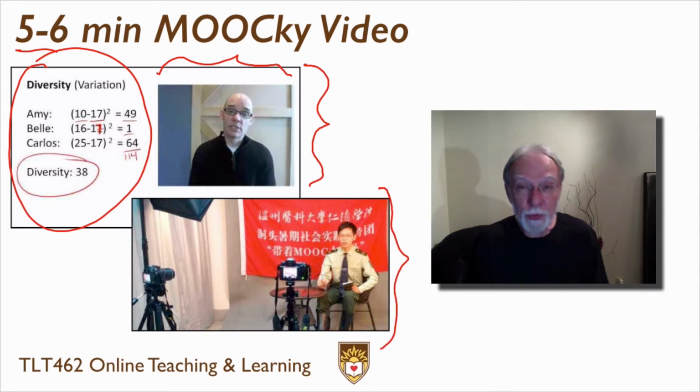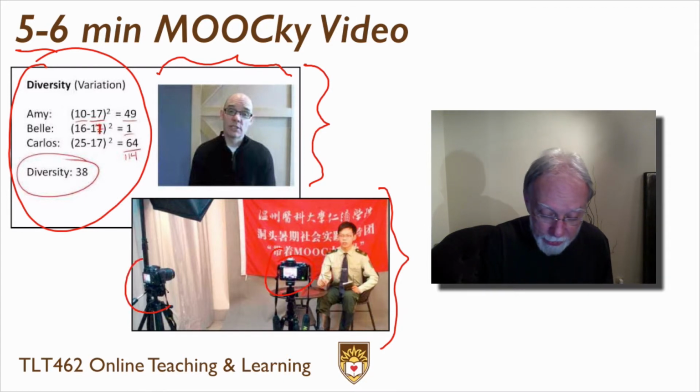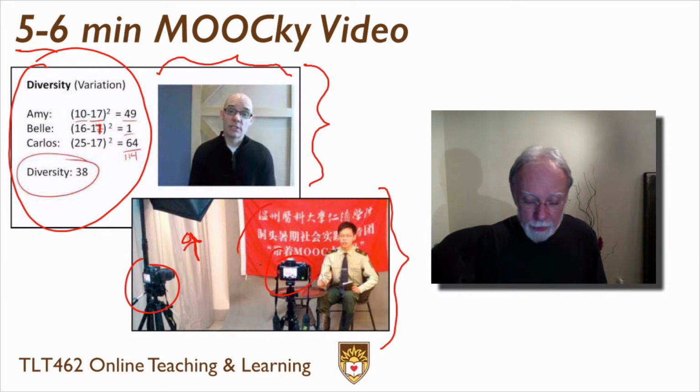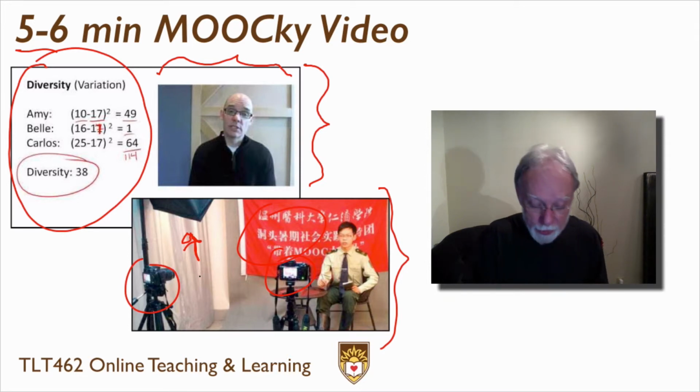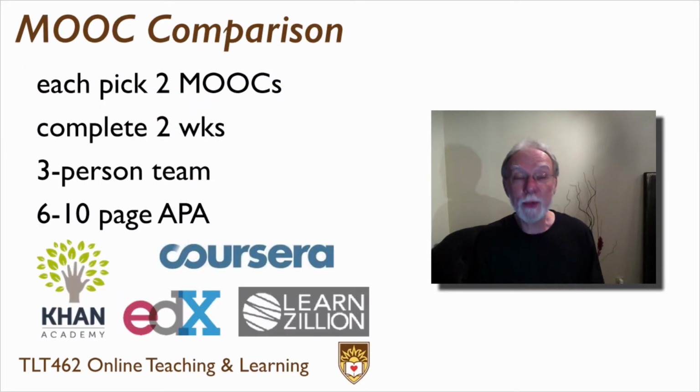So you will learn how to create a Mookie video. It can be a complicated setup, like here's a Chinese MOOC instructor with a 2-camera setup and lighting system and a backdrop. I just have a laptop and my laptop camera, so yours does not have to be complicated. We'll try to make it simple.